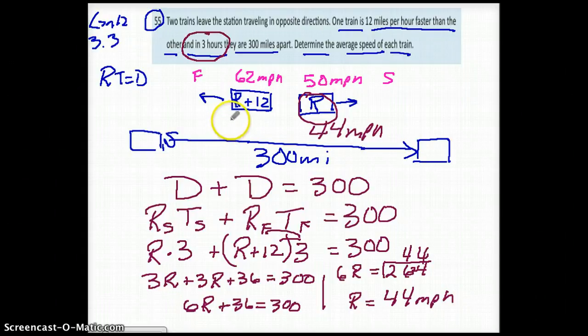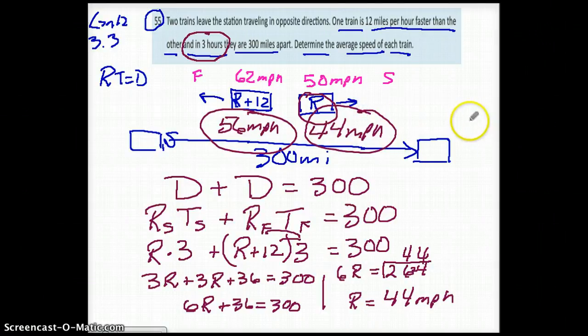Well, we're going to add 12. That would be 56 miles per hour. And of course, if you did 3 times 56 plus 3 times 44, you should get 300. So the answer to the question is 56 miles per hour and 44 miles per hour.